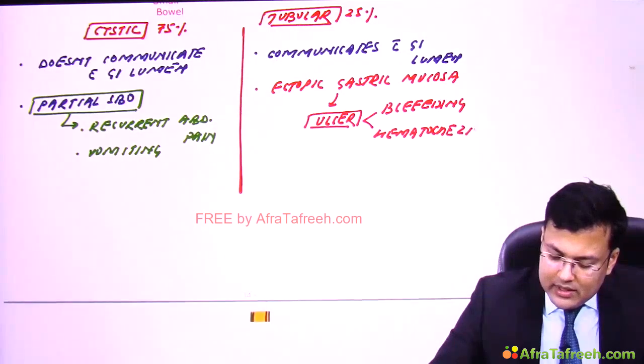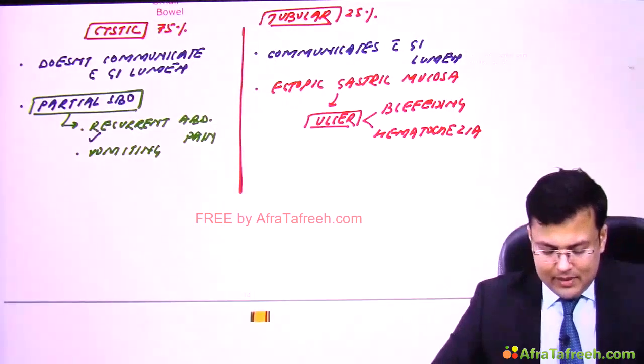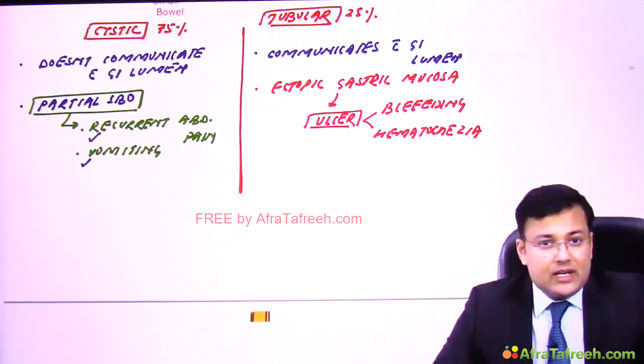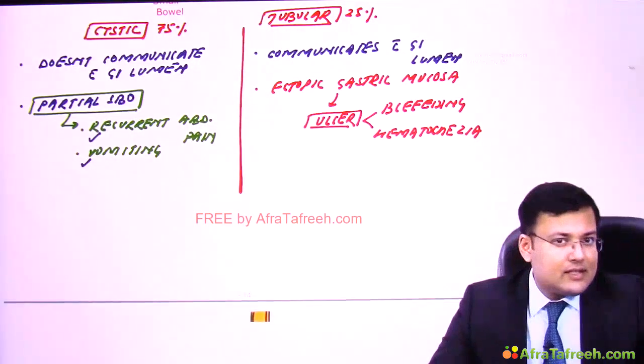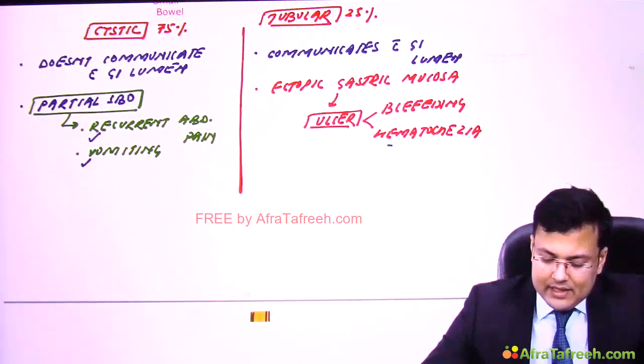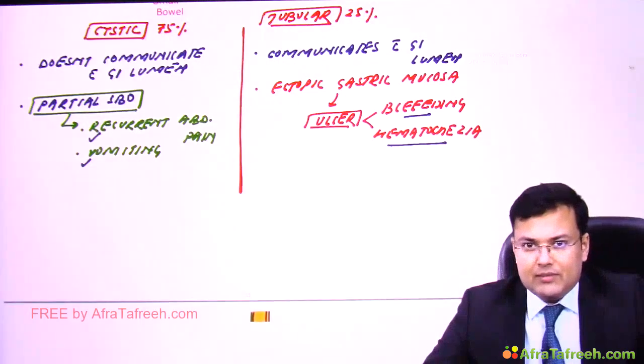Okay, so what are the clinical features? You can see there is recurrent abdominal pain, vomiting. These features are suggestive of partial small bowel obstruction. Then it favors the cystic duplication, and if there is hematochezia or bleeding, it favors the tubular duplication because there is presence of ectopic gastric mucosa.